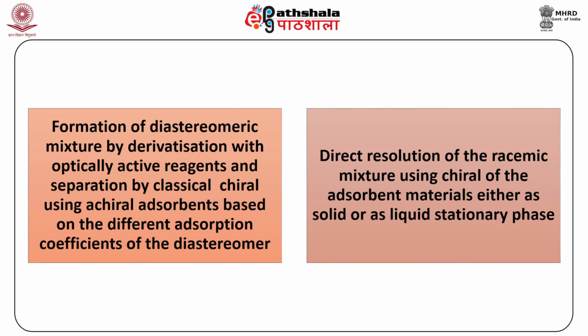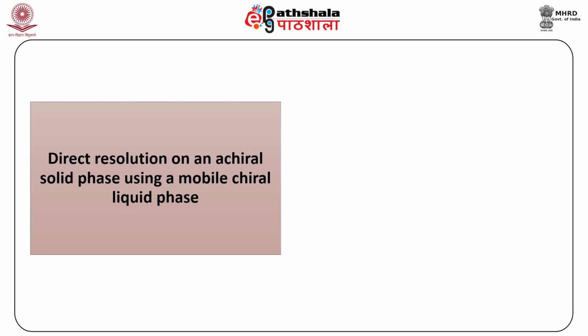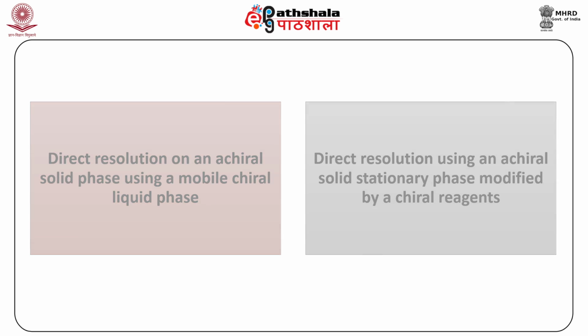Secondly, direct resolution of the racemic mixture using chiral adsorbent materials either as a solid or as a liquid stationary phase. Thirdly, direct resolution on an achiral solid phase using a mobile chiral liquid phase. And finally, the direct resolution using an achiral solid stationary phase modified by chiral reagents.